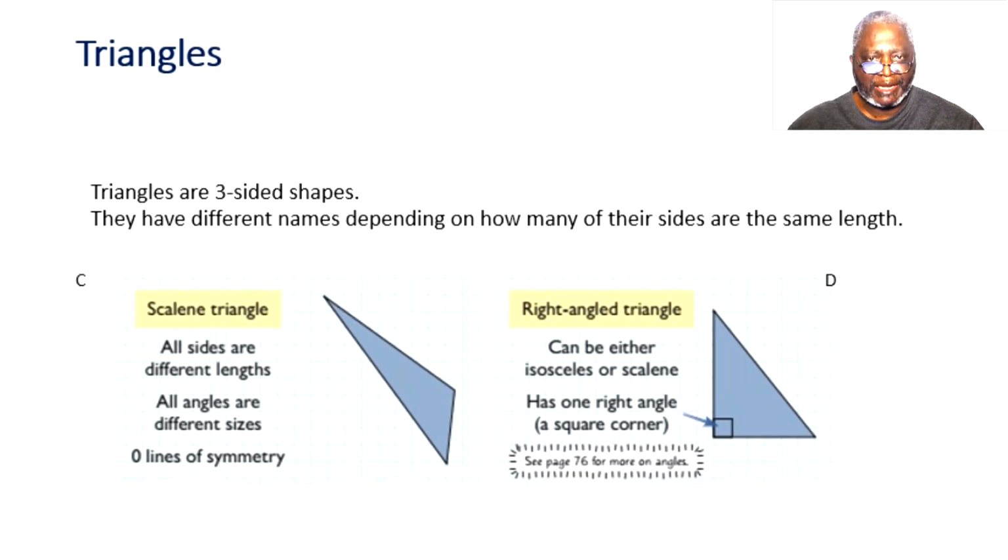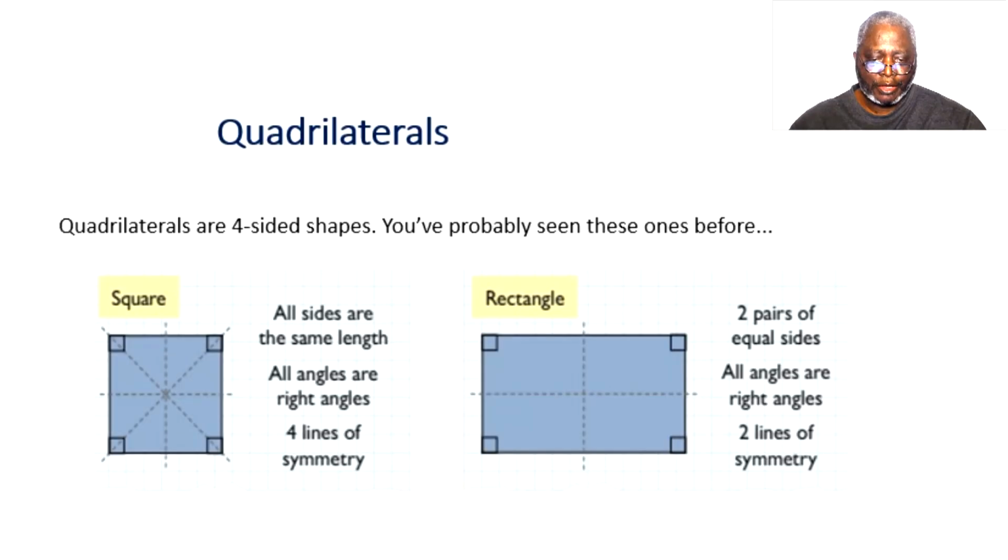Scalenes don't have any line of symmetry. And then you've got the right angled triangle. They can either be isosceles or scalene. When they are isosceles, that means at least two sides are equal. But when they are scalene, all the sides are not equal. Right angled triangles have one right angle in them.